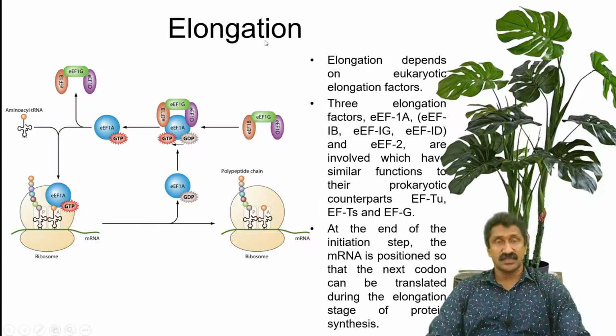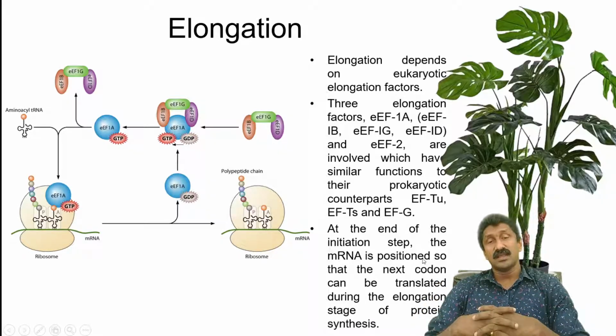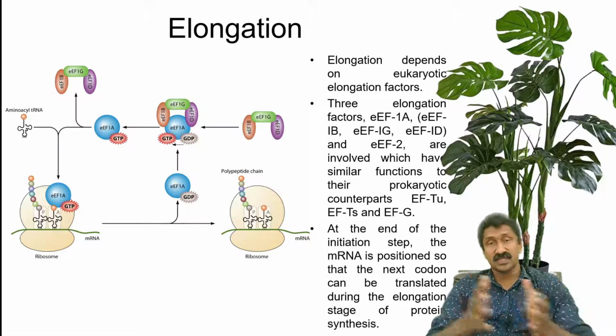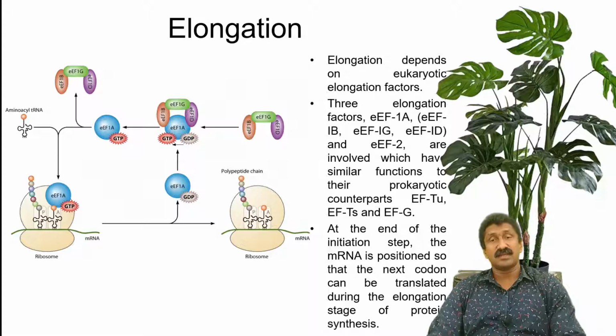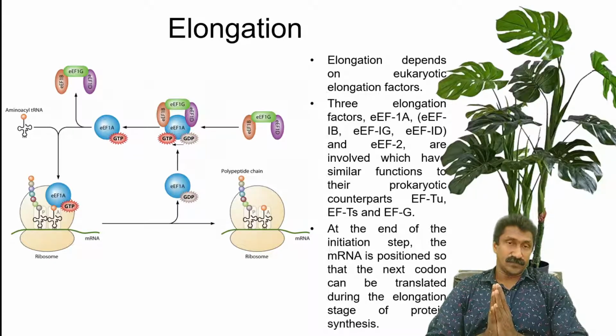So these are the different elongation factors in the eukaryotic system. At the end of the initiation step, the mRNA is positioned so that the next codon can be translated during the elongation stage of protein synthesis. After translocation, the content of the A site will be moved to the P site, and the A site will be free for receiving another incoming tRNA.